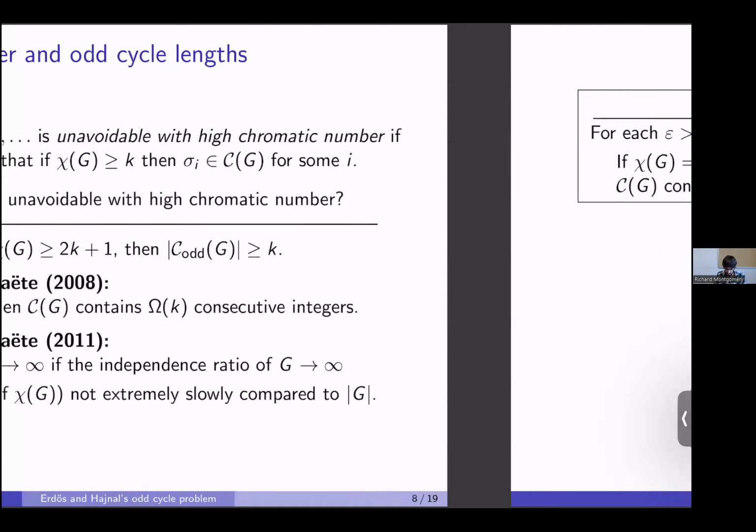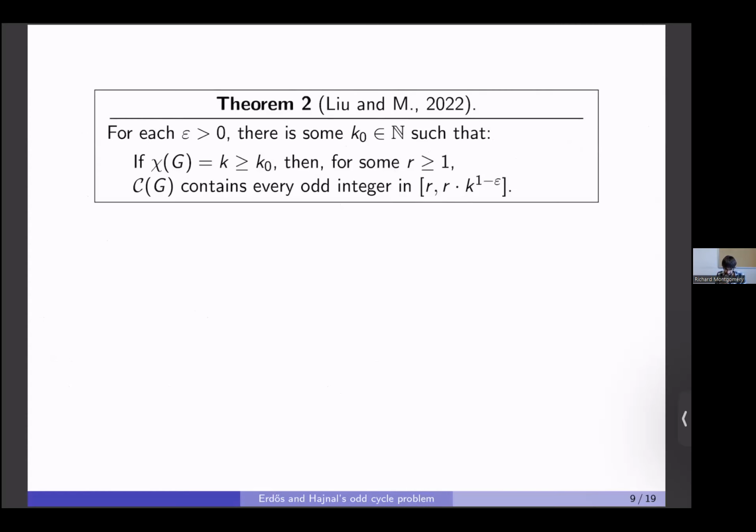And here is my work with Hong on this from the same paper. It's a really similar result to the previous one. Instead of average degree, by imposing a large chromatic number condition, we're going to find an interval in the graph in which we can find every odd integer instead of every even integer.